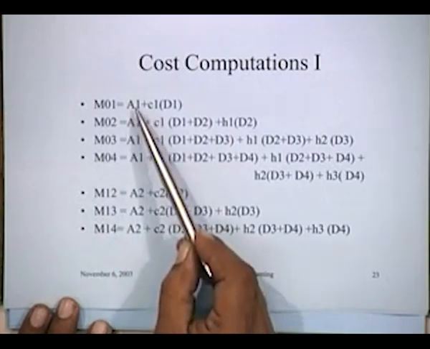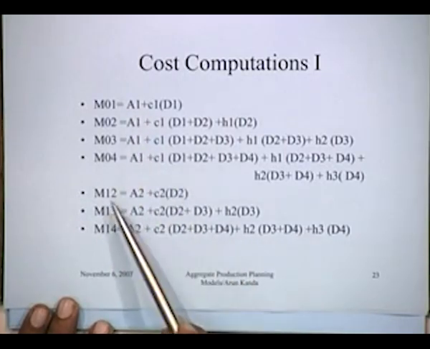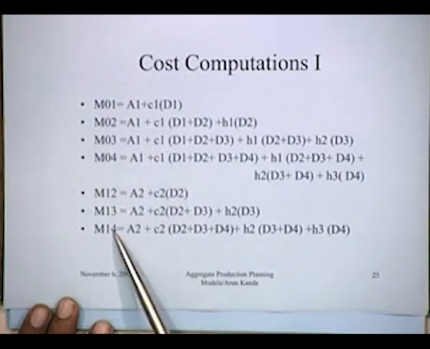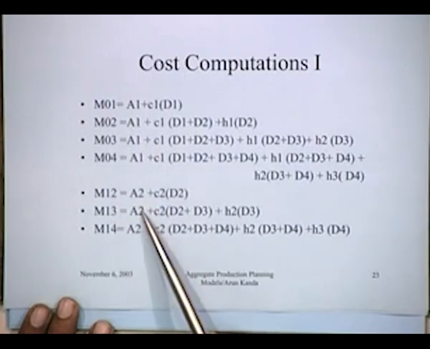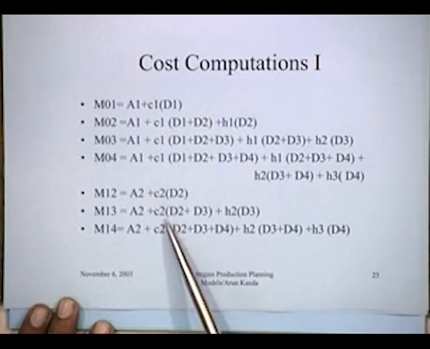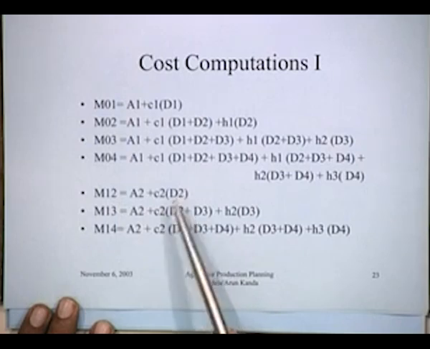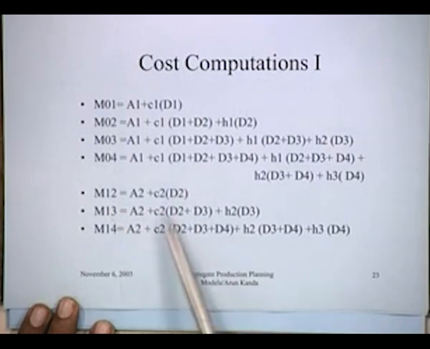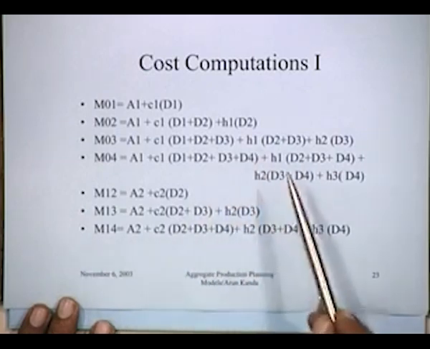So this is all production in the first period, which is clearly available from A1. M12, M13 and M14 are nothing but the cost of production in period 2. So this is A2 now, and this is C2, production in period 2. Production for the second period, which is D2, for the second and the third period, which is D2 plus D3, and the corresponding holding cost by the same logic.